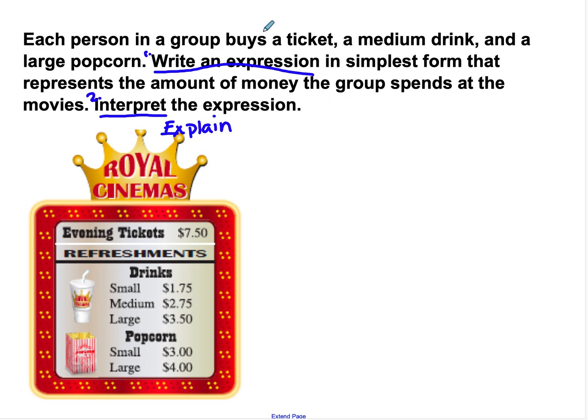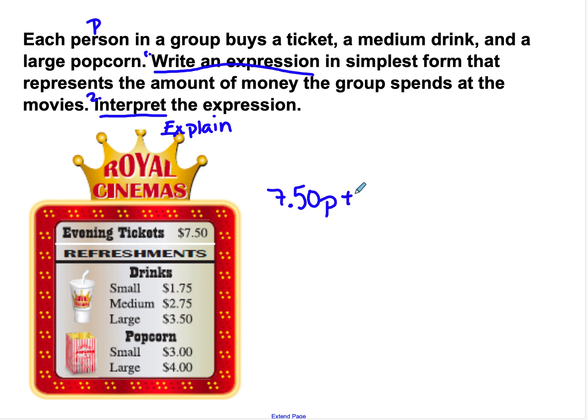So we're going to start with our expression. All right, so each person, I'm going to use the letter P to stand for the people. We need a ticket, a medium drink, and a large popcorn. Okay, so the tickets are $7.50. So I'm going to write $7.50 P. Each person has to pay $7.50 for our tickets.